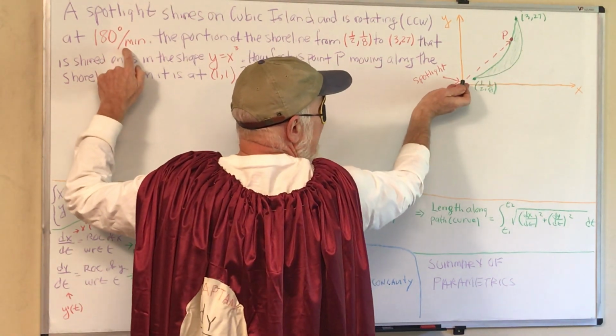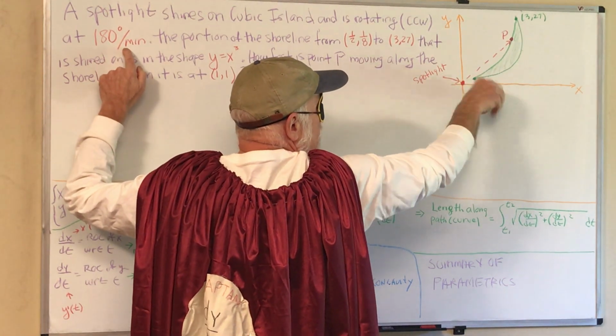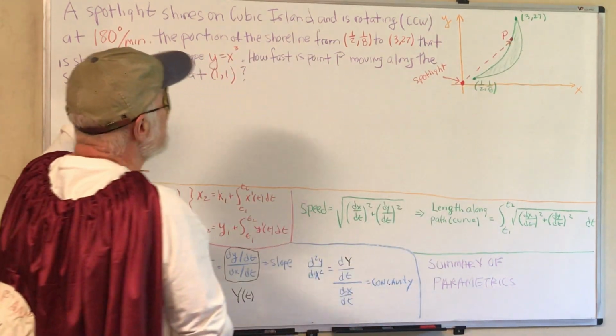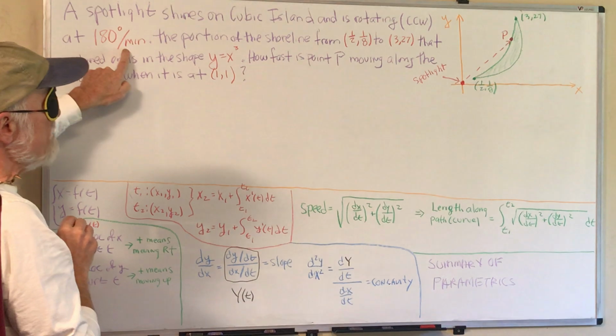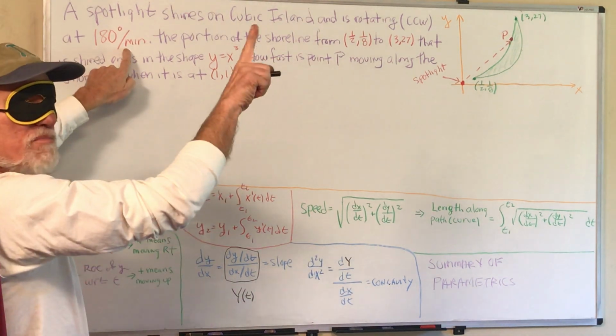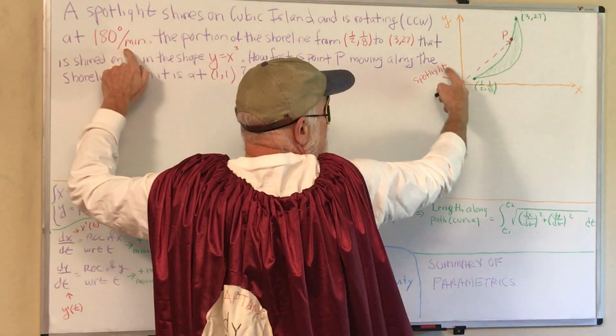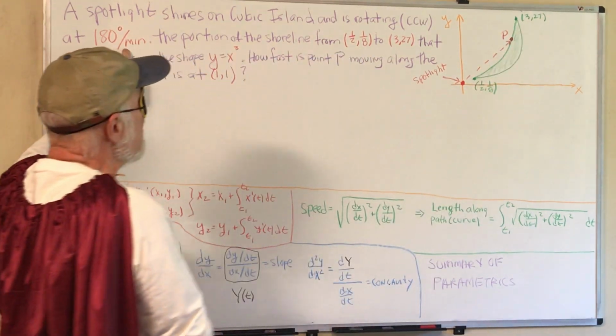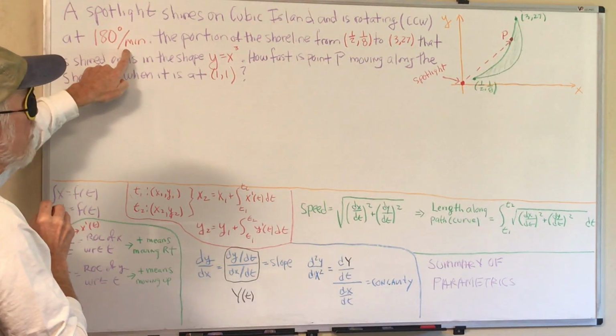So you have the spotlight at the origin that's rotating counterclockwise, and its light is shining on point P, but point P will be moving as the spotlight moves around. Point P along Cubic Island will be moving along the shoreline.